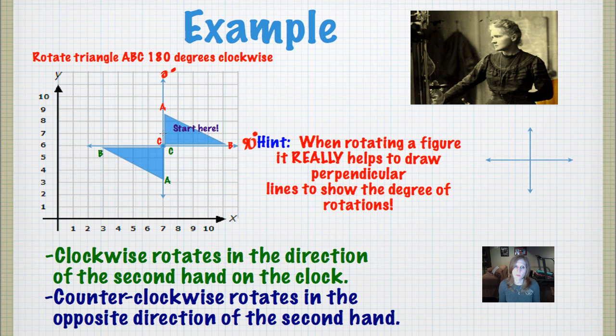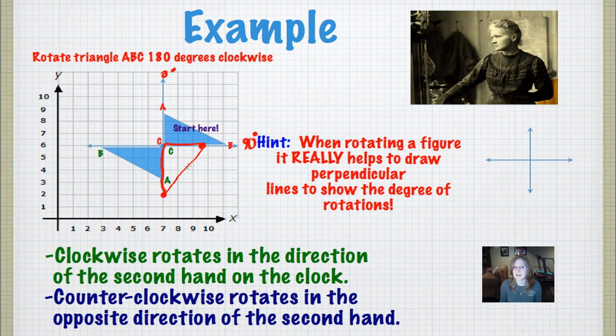Here it is, 2.5 up on the y-axis. So I'm going to go across this axis and go 2.5. That's my new point A. B, on the other hand, goes up 1, 2, 3, 4. So along this axis, I'm going to go 1, 2, 3, 4. And now my triangle looks like this. That's rotating it 90 degrees.